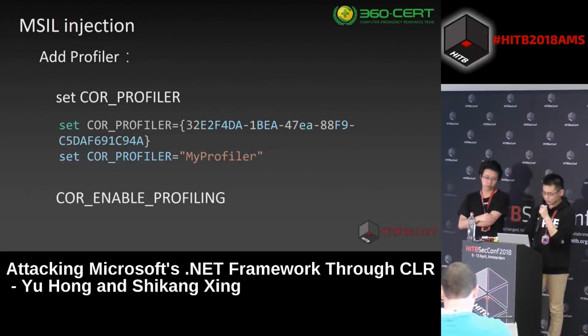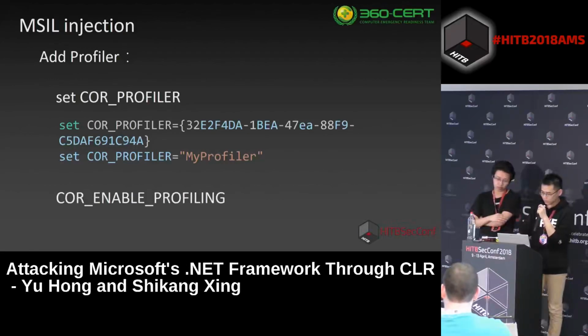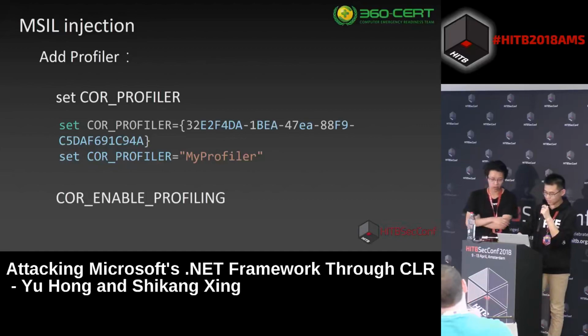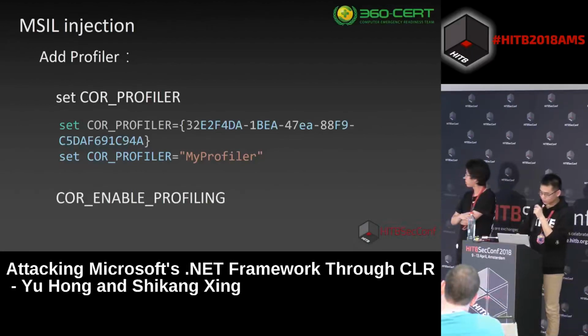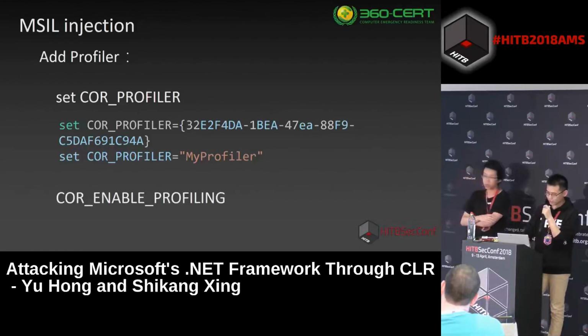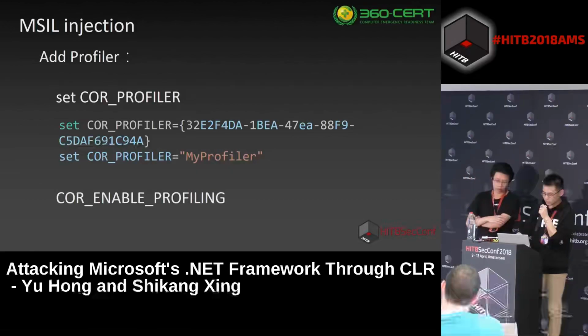That is the class ID or program ID, which must have been registered by its provider in the registry. To profile a CLR application, you must set the Cor_Enable_Profiling and Cor_Profiler environment variables before you run the application. You must also make sure this profiler DLL is registered.